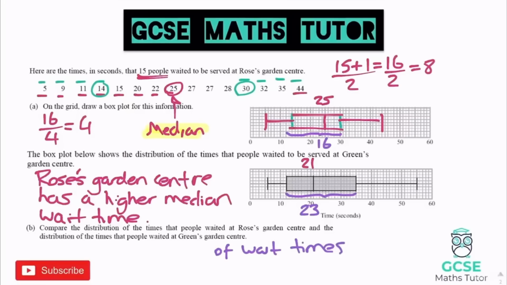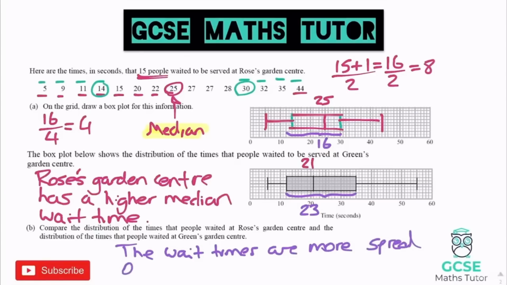I could say the wait times are more spread out at Greens. It probably makes a little bit more sense just to shorten it down. There we go. The wait times are more spread out at Greens.